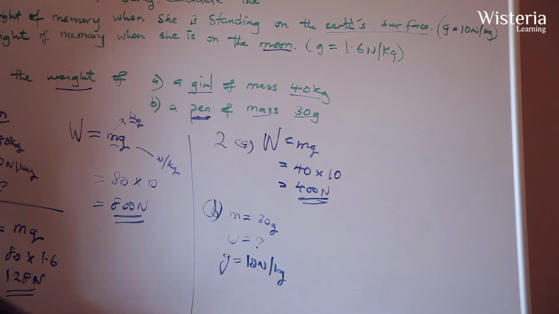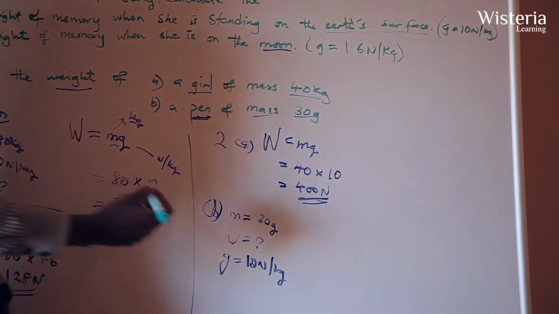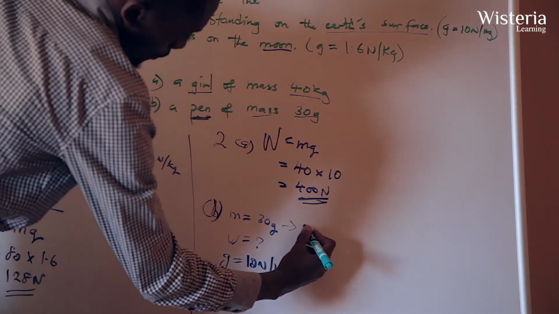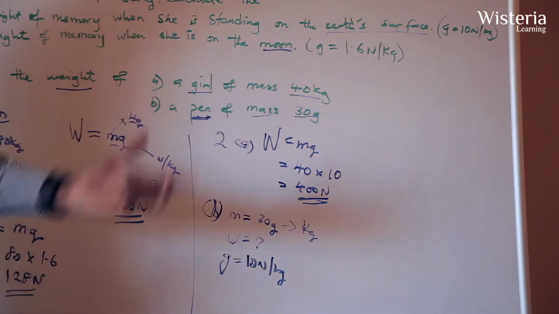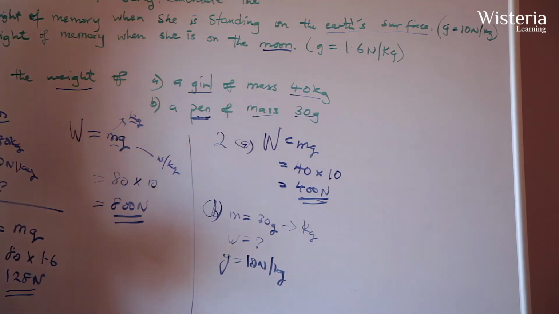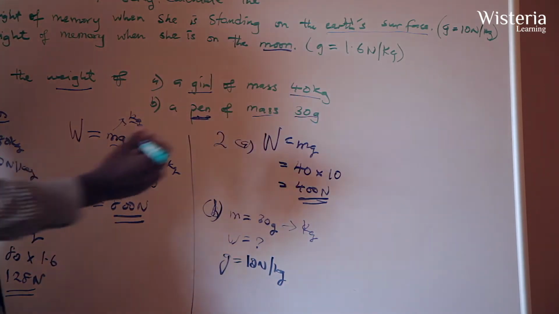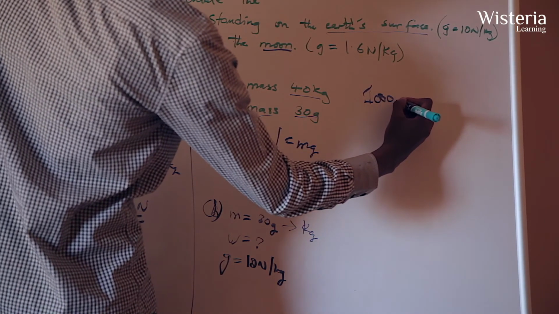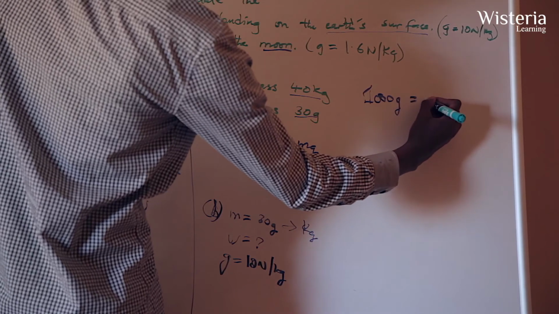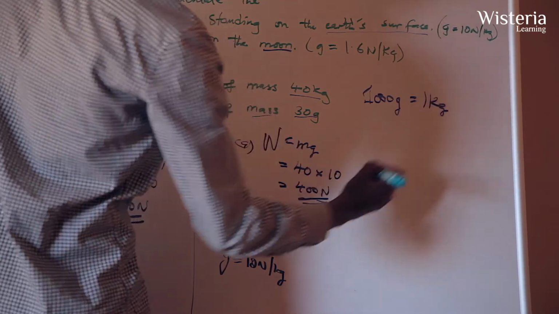In the event where you have your mass in grams, you have to convert it to kilograms, because during calculations every physical quantity must be stated in the SI unit. So how do we change grams into kilograms? You need to know the relationship. The relationship between the two units is that 1000 grams is the same as saying 1 kg.